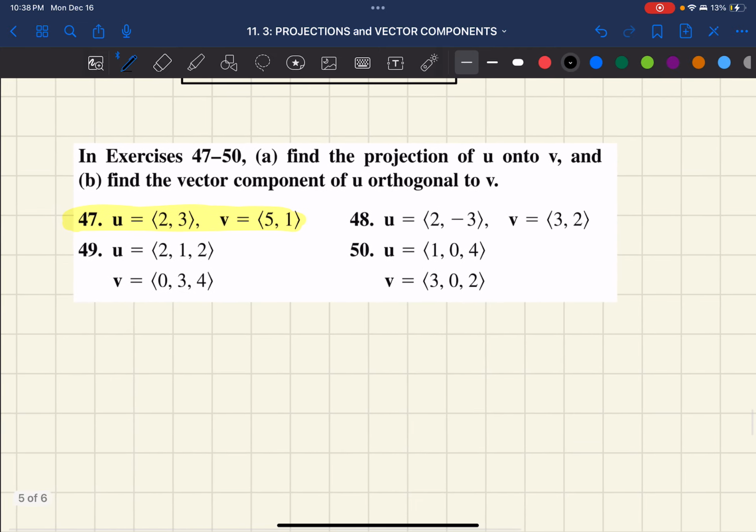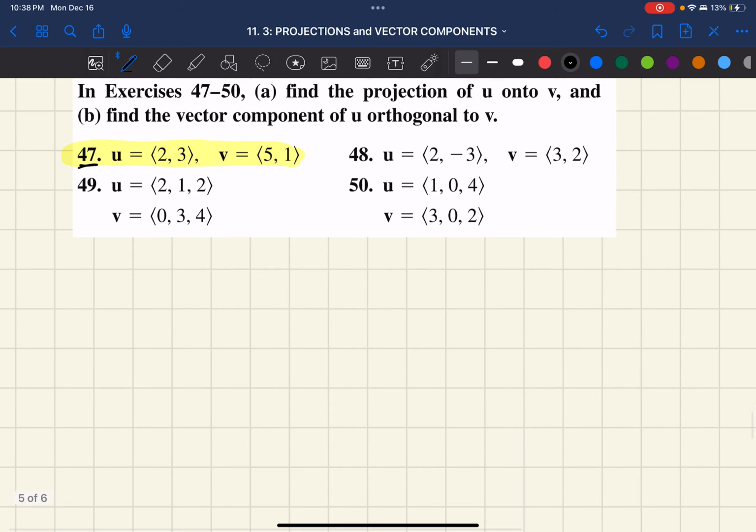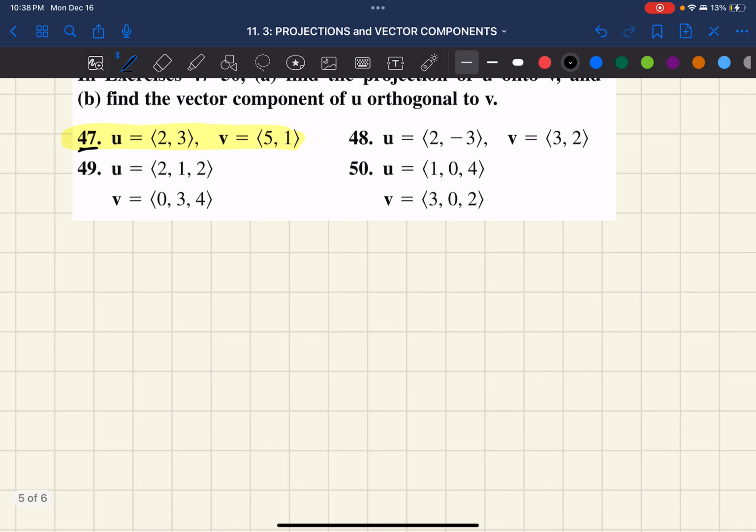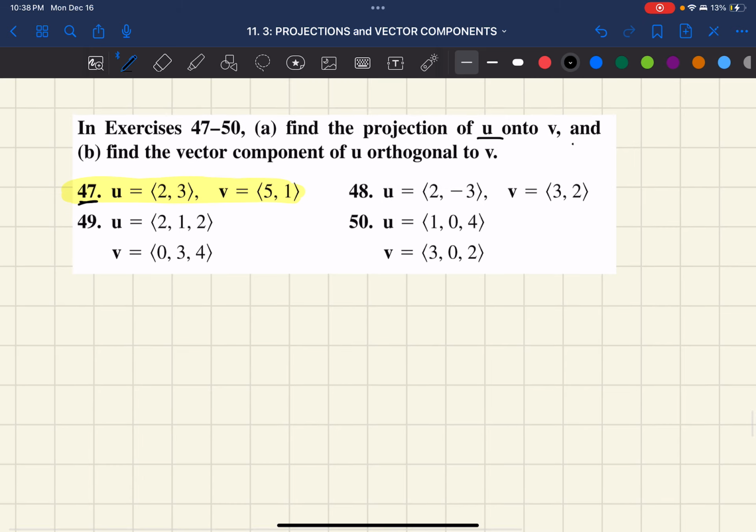And for a more traditional, book-style example over here, all we need to do is solve this problem manually. Remember, all we need to do here is employ the formula. We're projecting u onto v.